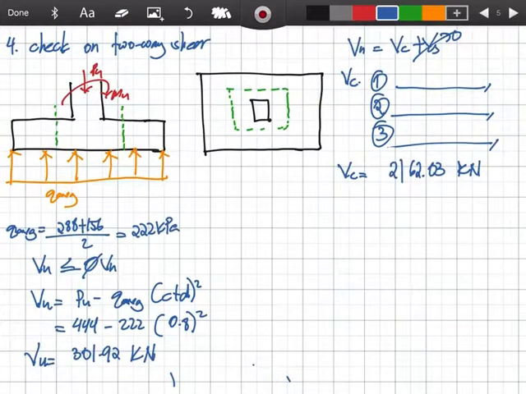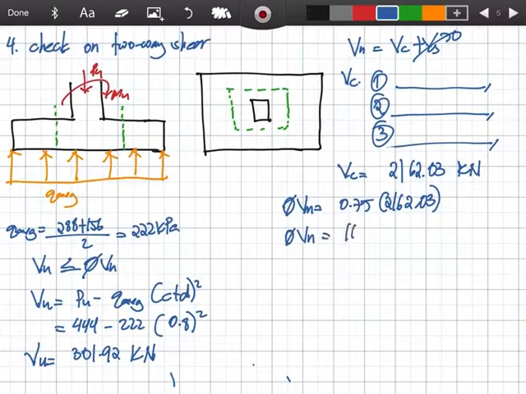So, ang ating phi Vn na ay 0.75 of 2162.03, which is phi Vn 1621.53 kilo Newton. Obvious, 301.92 is less than 1621.53.